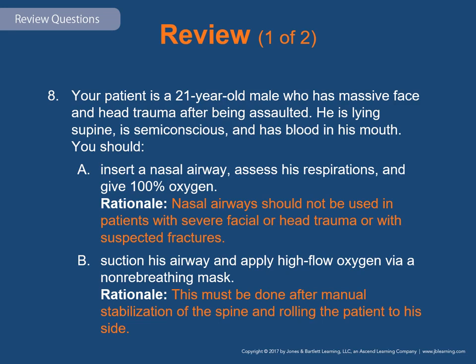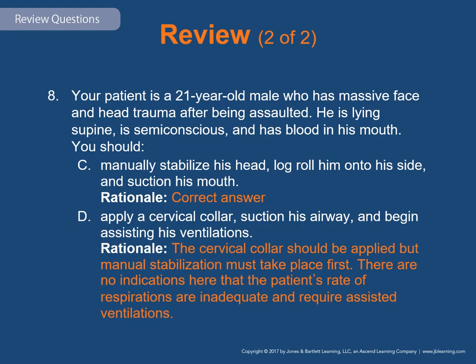B, suction his airway and apply high flow oxygen via a non-rebreathing mask. Yes, you should do this, but this has to be done after manual stabilization of the spine and rolling the patient to his side. C, manually stabilize his head, log roll him onto his side, and suction his mouth. That's the correct answer. D, apply cervical collar, suction his airway, and begin assisting his ventilations.